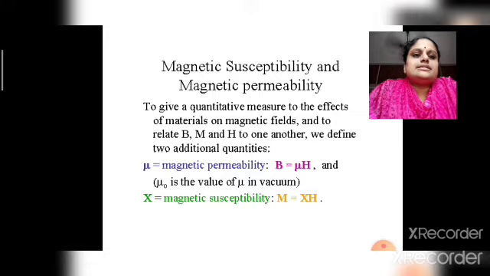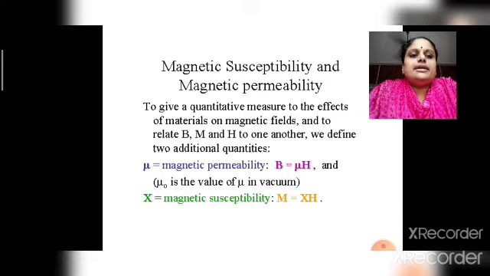Magnetic susceptibility and magnetic permeability. To give a quantitative measure to the effects of materials on magnetic fields and to relate B, M and H, we define two additional quantities, mu, which is magnetic permeability, and chi, which is magnetic susceptibility.